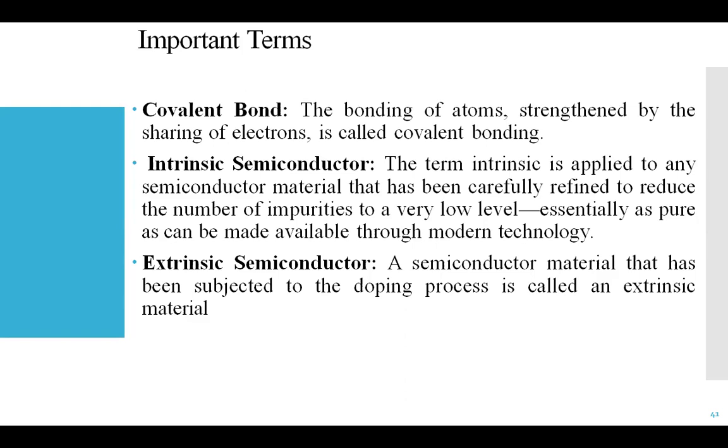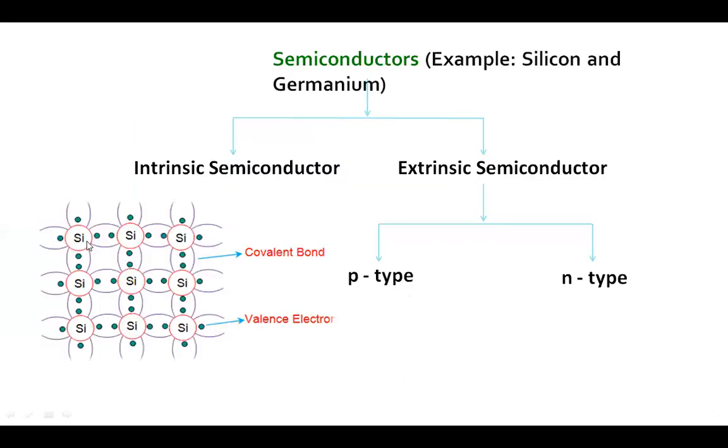So intrinsic semiconductor materials are almost pure materials. We refine the material to reduce the impurities, just like the previous diagram, where only silicon is present. That is an example of an intrinsic semiconductor if you draw the crystal lattice structure of silicon. It is almost pure, and that is what we call the intrinsic semiconductor material.